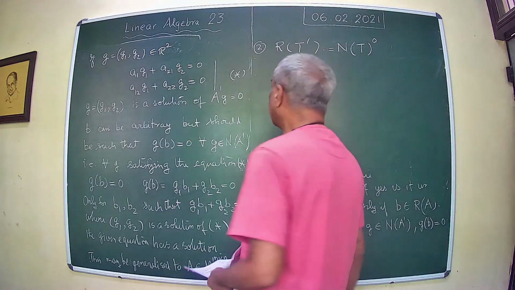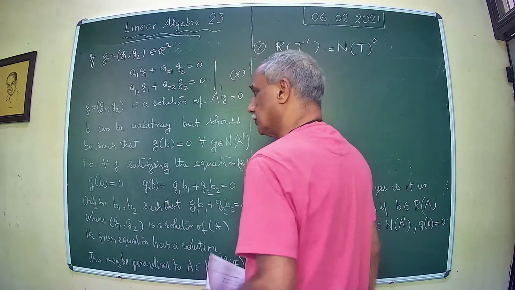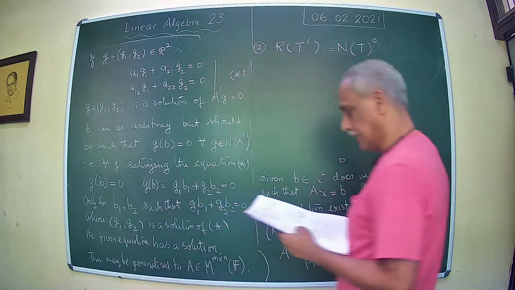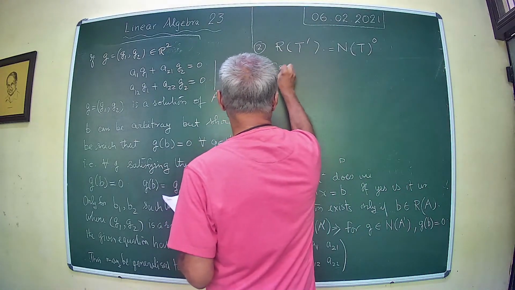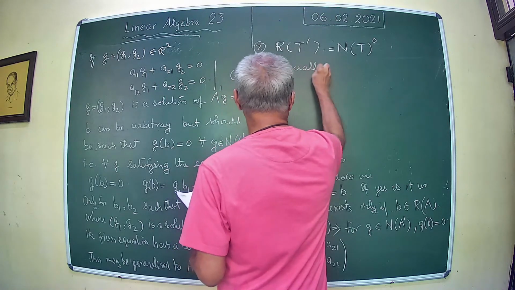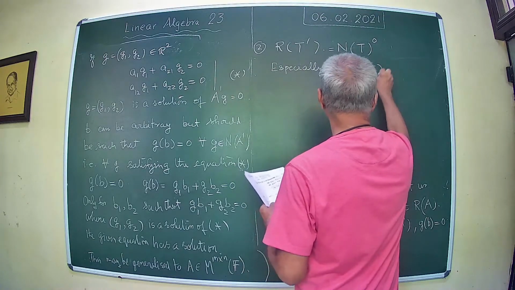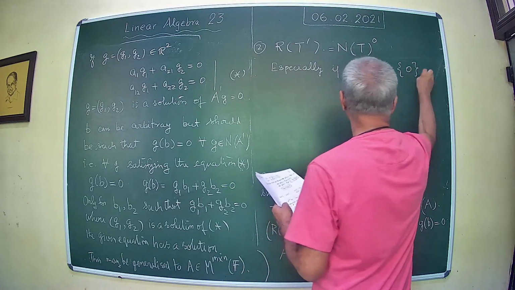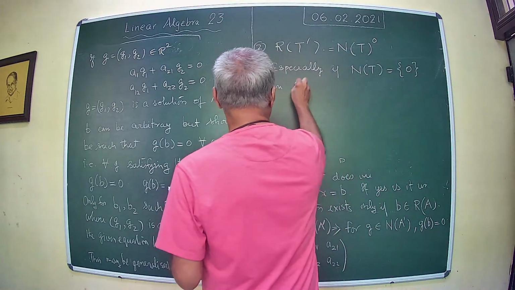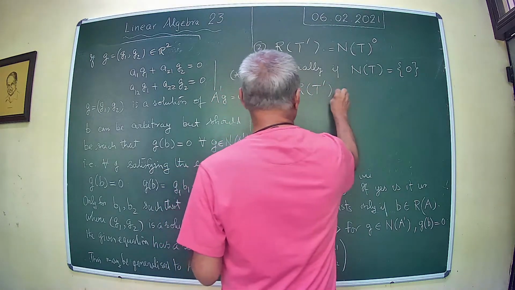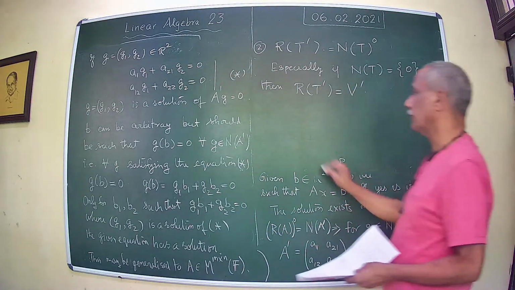It is the annihilator of the null space of T. So it's easy to find the null space of T and then get the annihilator. And more especially, if NT equal to... then this is one of the another.